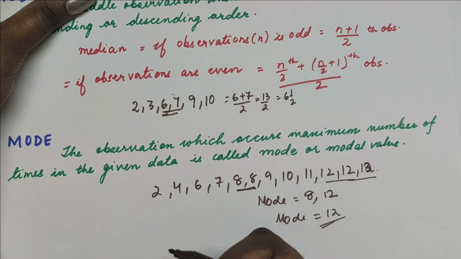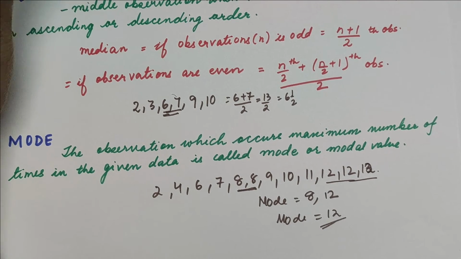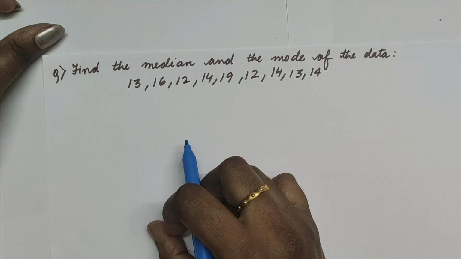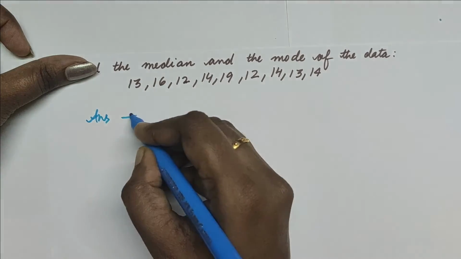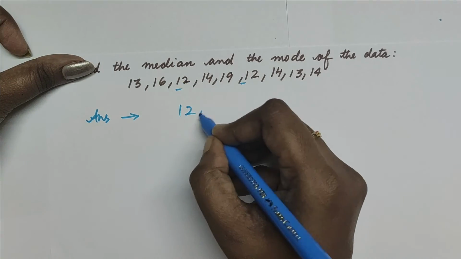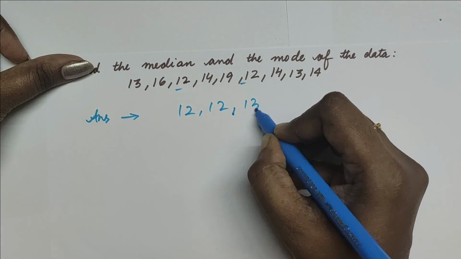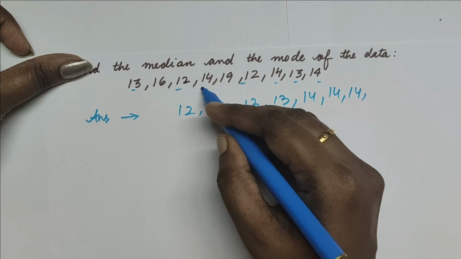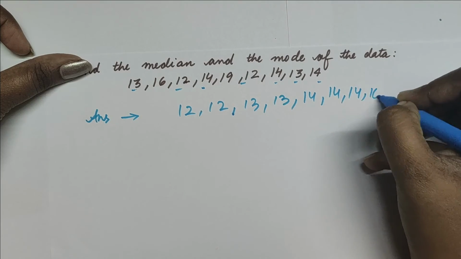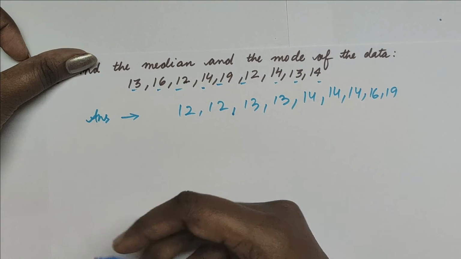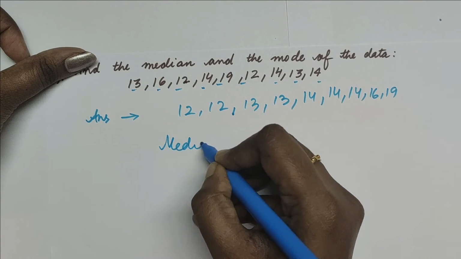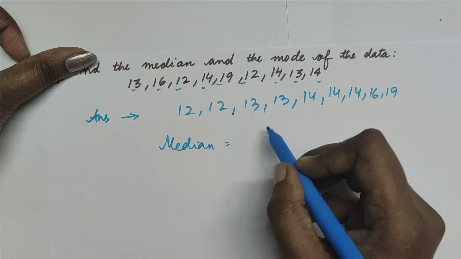So let us try to solve some questions based on this. Our question is, find the median and the mode of the data. So let us arrange the information first. Starting with 12, the minimum, then 13, then we have 3 14s and 1 16 and 1 19. Just check that you don't miss on any number. So here the median, as I told you, after arranging there are 9 numbers.